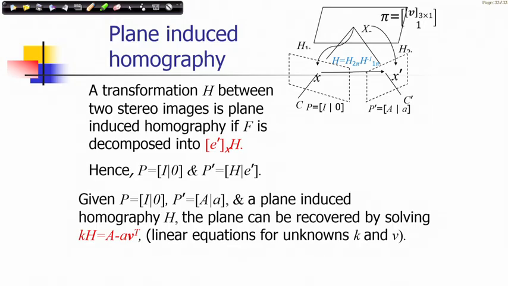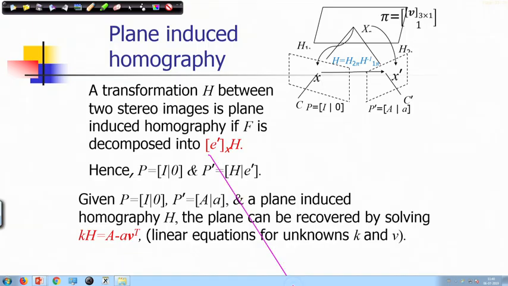So, even if I decompose F in this form of E prime cross H, then P and P prime can be expressed in this form. It is in the family of pairs of projection matrices; this could also be one such option.